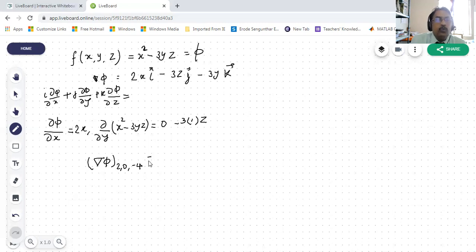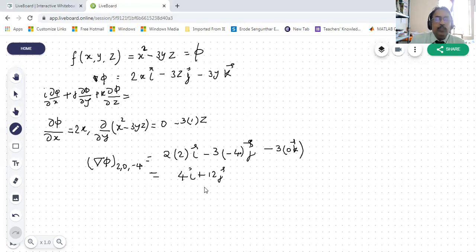So 2 into 2 i vector, you replace x by 2, minus 3 into minus 4 j vector, minus 3 into 0 k vector, which is equal to 4i plus 12j. Right?